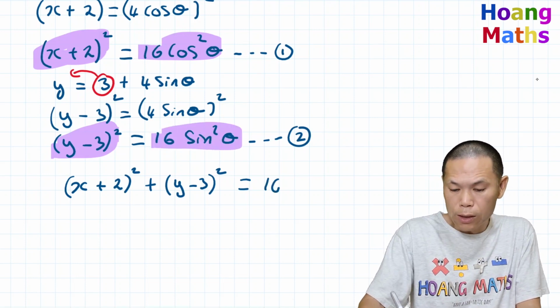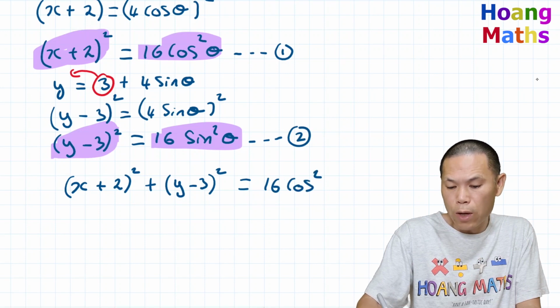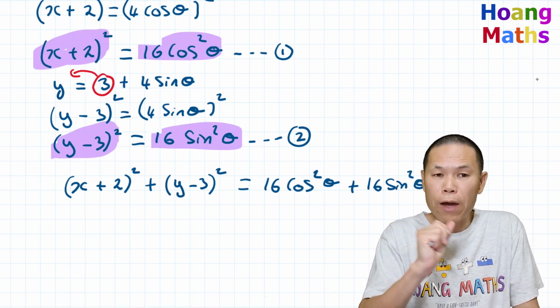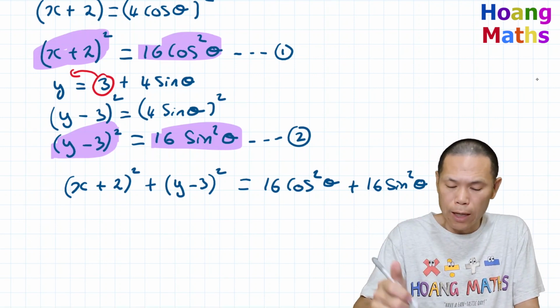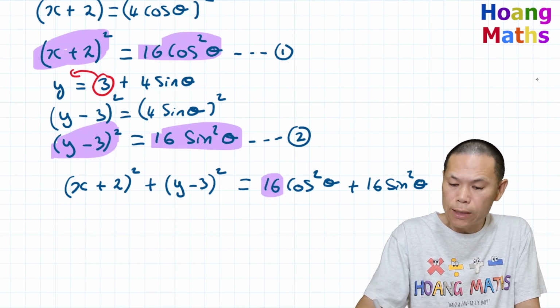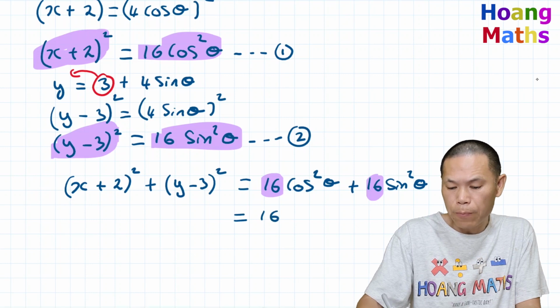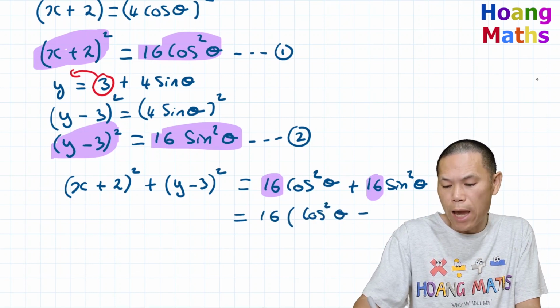The common factor for this is 16, so I take this 16 out. That will give me 16 brackets cos squared theta plus sine squared theta.